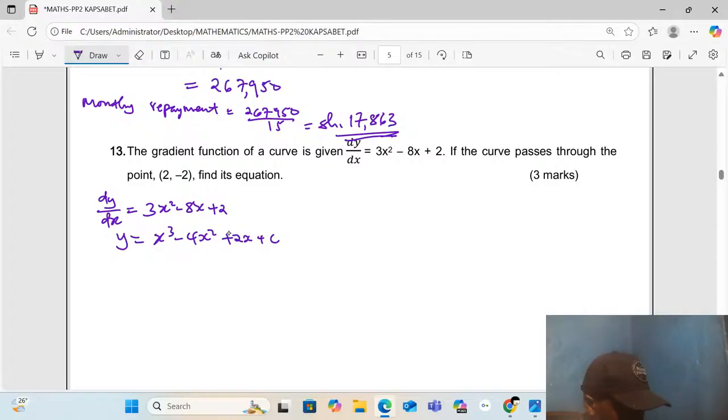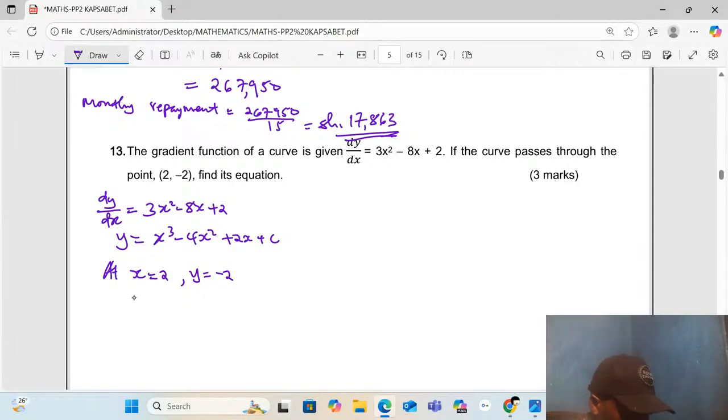Now we know that we are given a point (2, -2), so that when x is 2, y is negative 2. That is what we are given to be the point, so that you replace y with negative 2 and x with 2, so that we find the value of c.